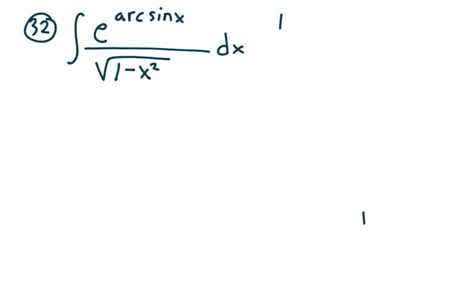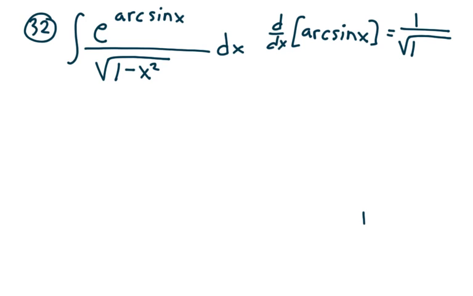But I do remember that if I take the derivative of arc sine x with respect to x, I get 1 divided by the square root of 1 minus x squared. So why is that important? Because that tells me that arc sine x is a good candidate for my u. Notice how the derivative is present in the integral.